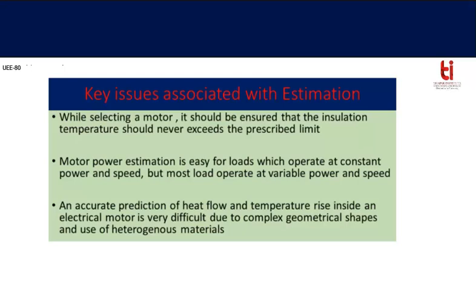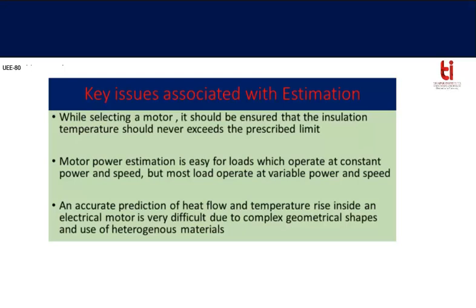Now accurate prediction of heat flow is almost impossible because the temperature throughout the body of the machine is not constant. Some parts of the machine have a good cooling system, some parts of the machine are insulated, some parts are exposed to the atmosphere. So heat dissipated through different parts of the machine is not constant. Because of that, it becomes very tough to model that machine.